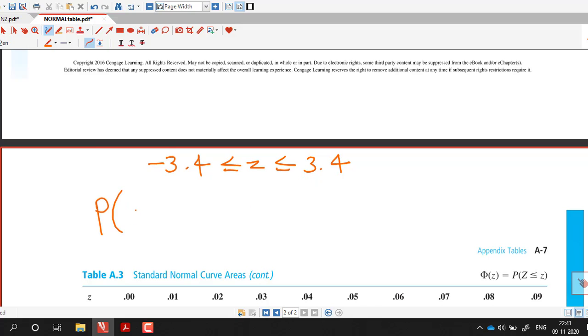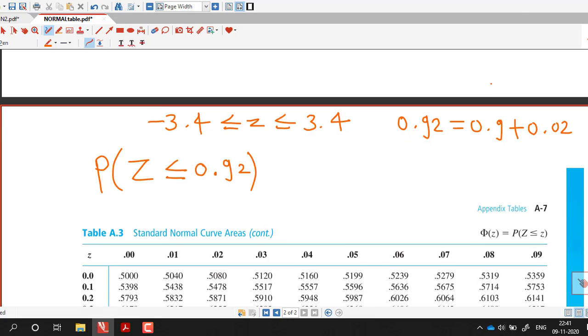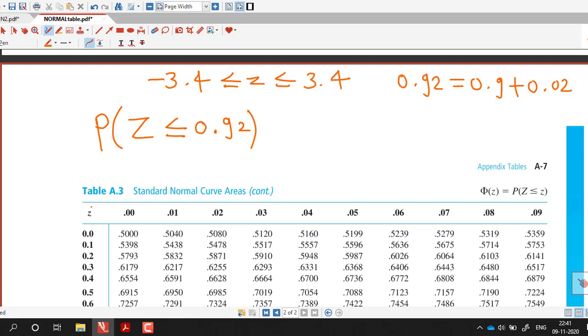Suppose I want to find out probability that Z is less than or equal to 0.92. Then I have to rewrite 0.92 as 0.9 plus 0.02. So below Z I concentrate on 0.9, and on this side I concentrate on 0.02.